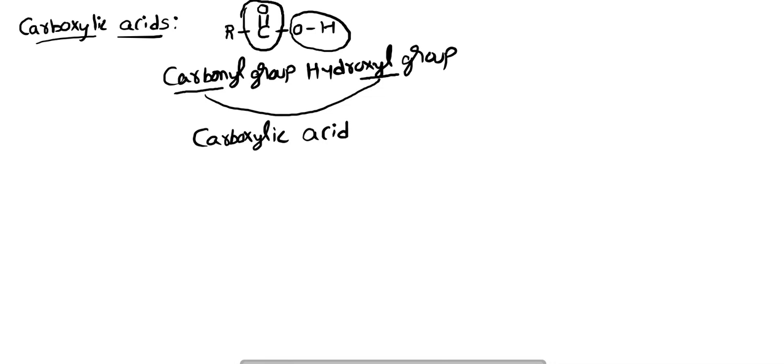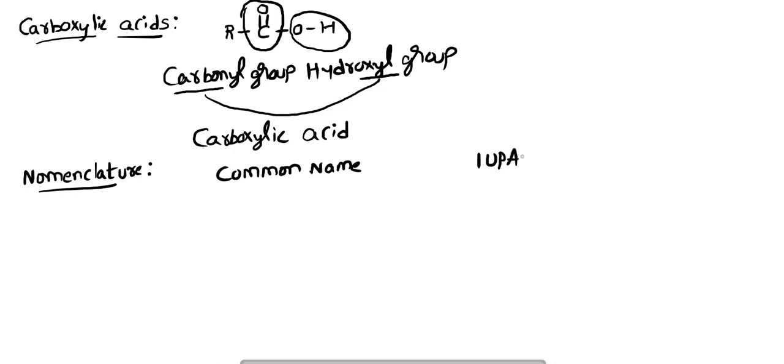Okay. So when you are naming these compounds, mainly in the nomenclature, we see two different types of names generally. One is the common name, next one is the IUPAC name. IUPAC stands for International Union of Pure and Applied Chemistry.